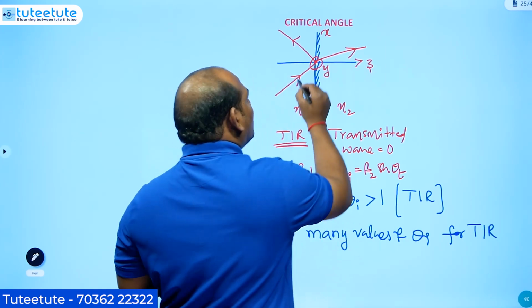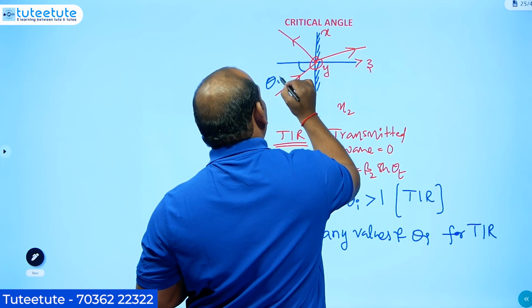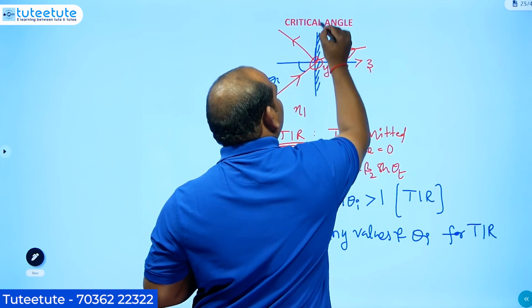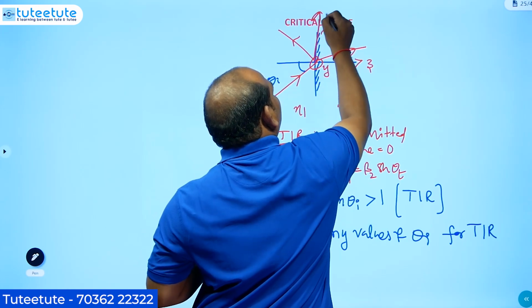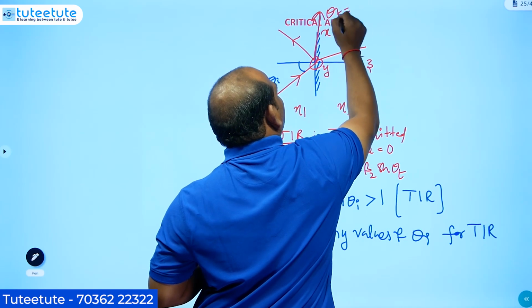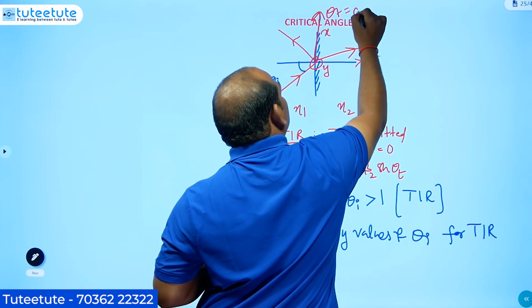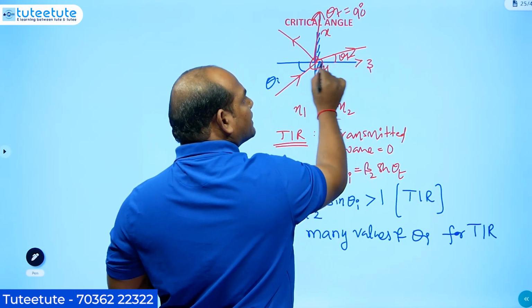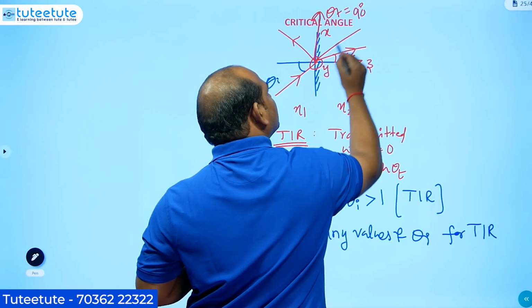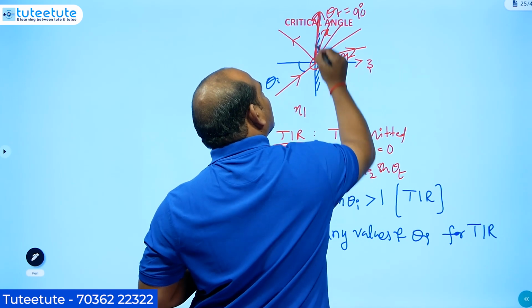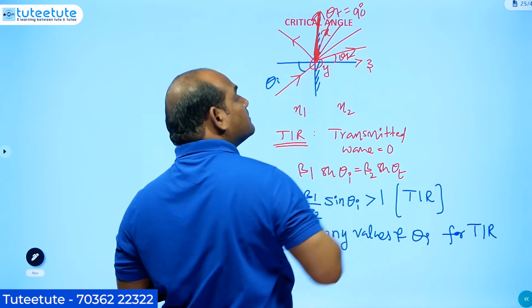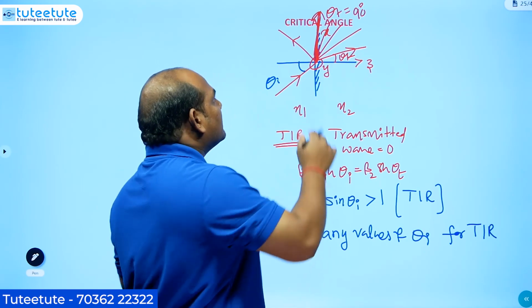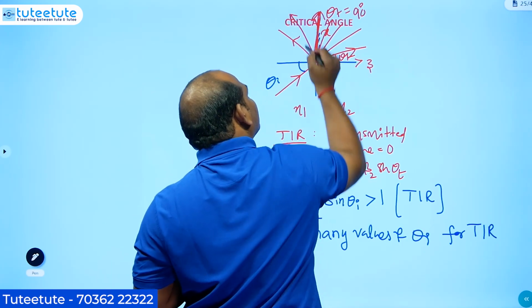So for what value of theta I is the angle of transmission theta t equal to 90 degrees? Theta t is measured with respect to the normal. The wave is coming and it is there on the boundary, and then it will be totally reflected into medium 1.